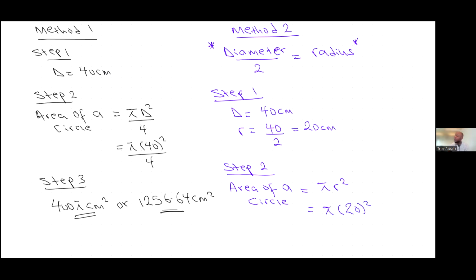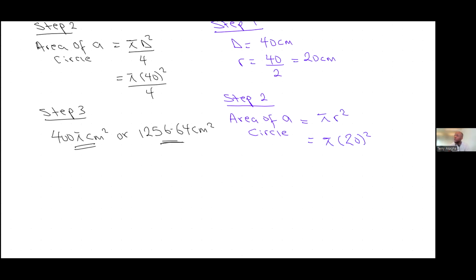Then, when you now know the r is 20 squared, step 3, we simplify. You punch this into your calculator, it's going to give you 400 pi centimeters squared. Or if you want it in decimal, you're going to get the same thing, 1256.64 centimeter squared. So you see, you're getting exactly the same thing we got using the other method.